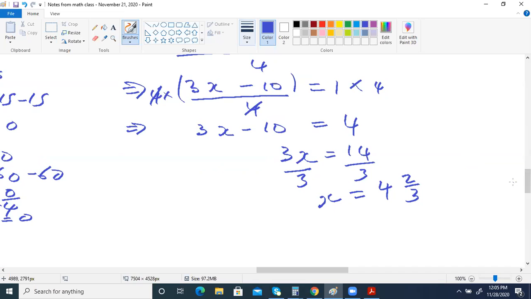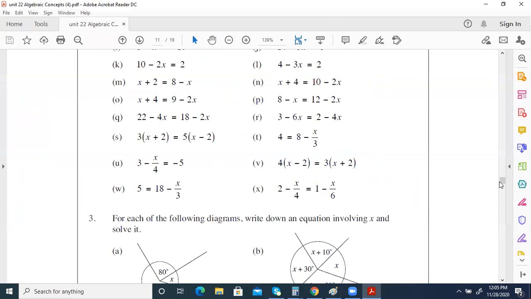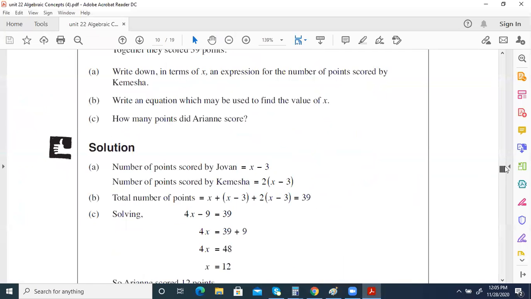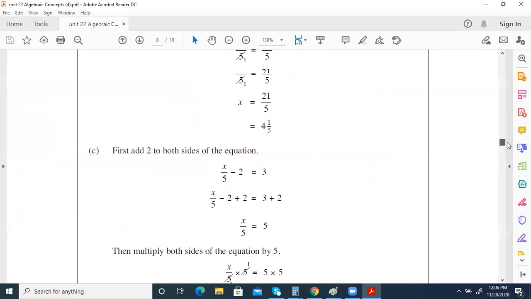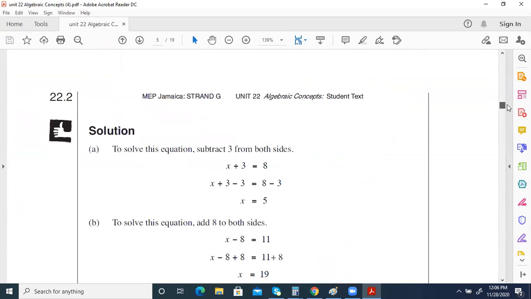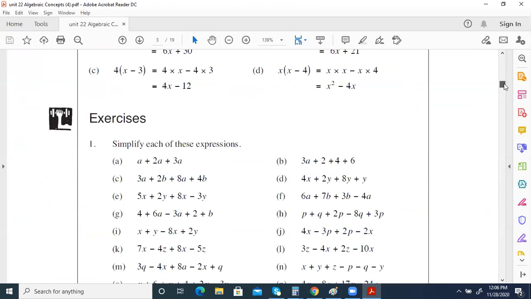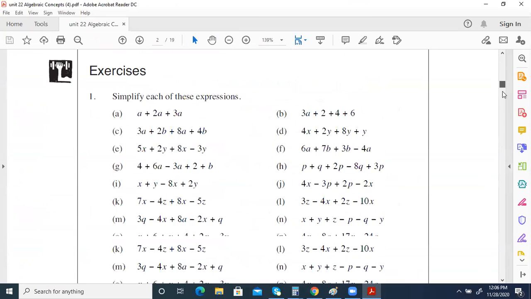Okay. The other thing I want to bring to your attention is the next topic, which is a very interesting topic. The next topic is going to be algebraic manipulation, and you may hear it called by another name, subject of formula. Let me see if I can find it.